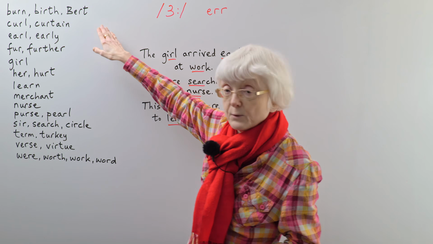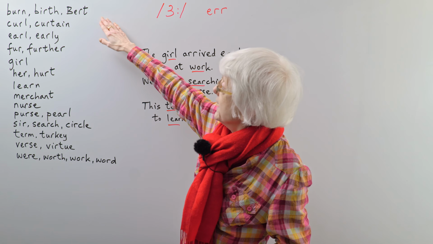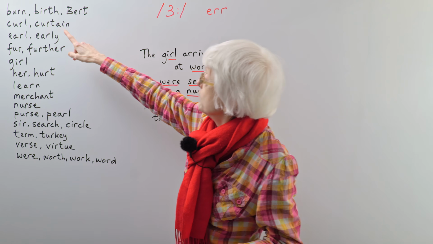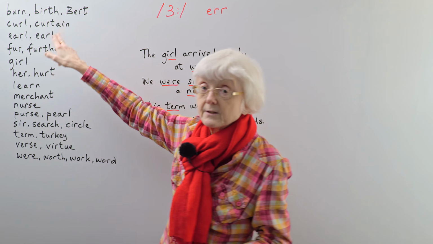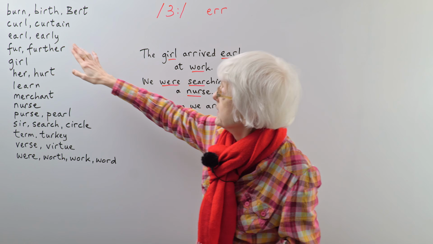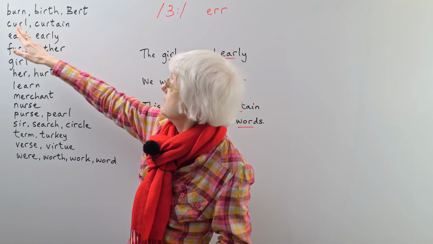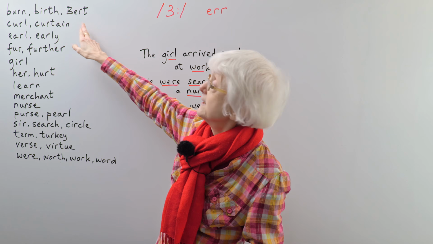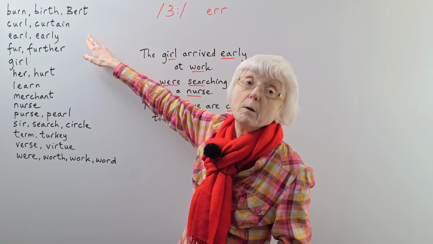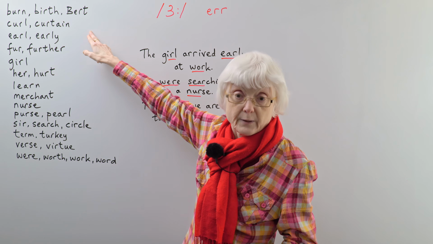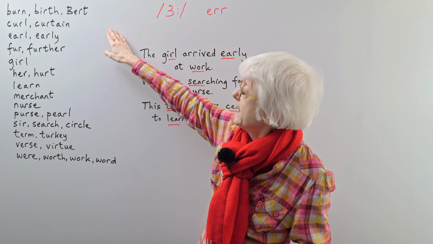Okay, so let's just go through these examples of words containing this sound, and then we also have some sentences. So it's all in alphabetical order, and you can see from the first line we've got 3 different spellings, but it's all the same vowel sound. So we have burn, birth, and the man's name, Bert. So they're all the same sound, okay?